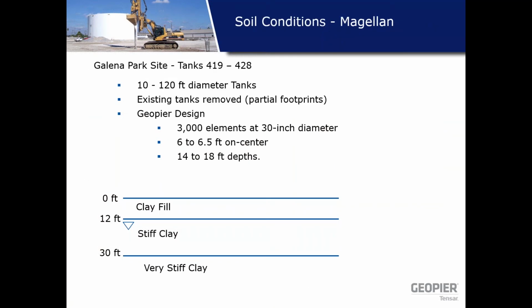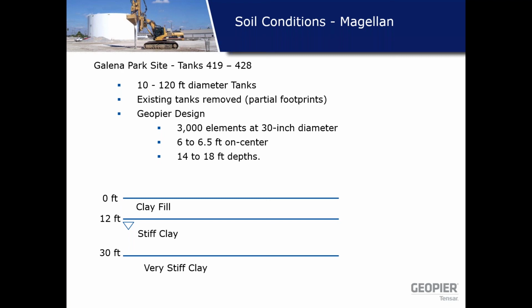At the first site, the Galena Park site, we supported 10 tanks of 120-foot diameter. We installed 3,000 elements at 30-inch diameter. The Geopiers were designed at 6 to 6.5 feet on center, and the shaft lengths were 14 to 18 feet.